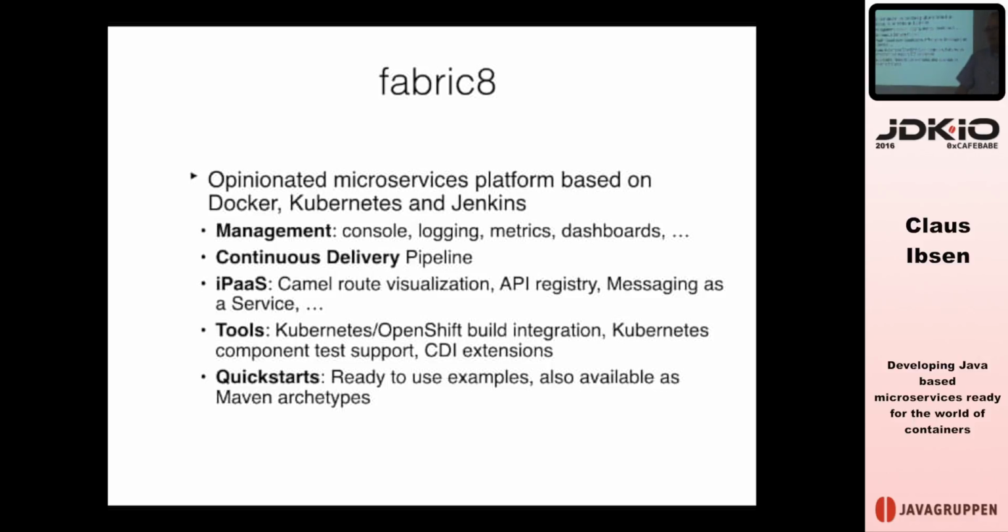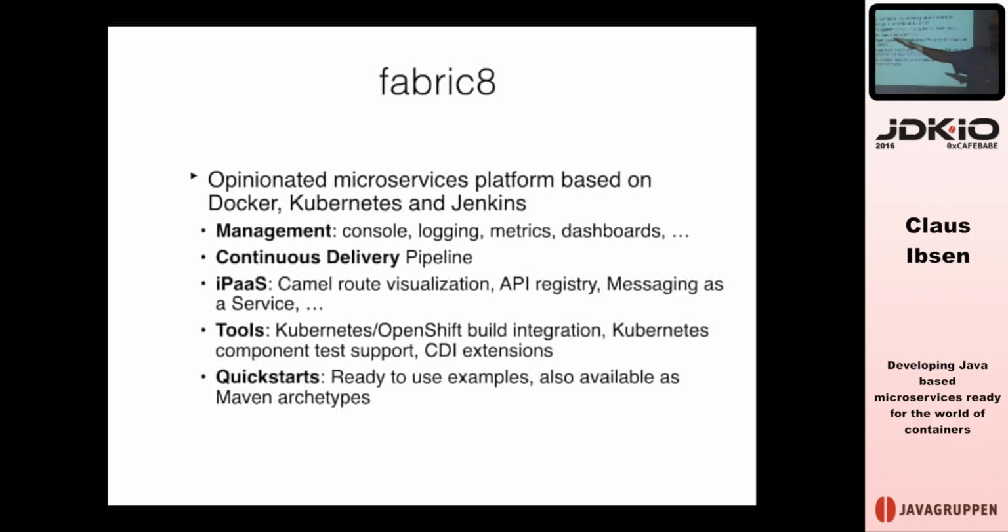So what we do in the Fabricate thing is to add additional microservices and tooling to the container platform on Kubernetes. So we have a web console, which we're going to see a bit, and you're also going to have a solution for doing centralized logging, where we can use Elasticsearch and Kibana, and you can also get centralized metrics, to capture CPU and I/O and whatnot, and see that in a nice dashboard using Grafana.